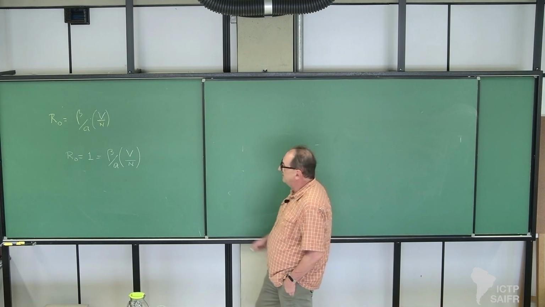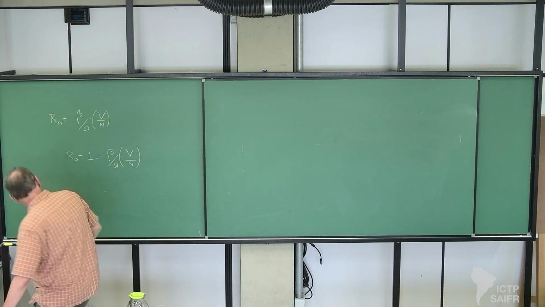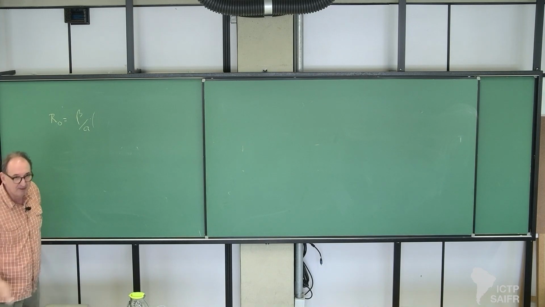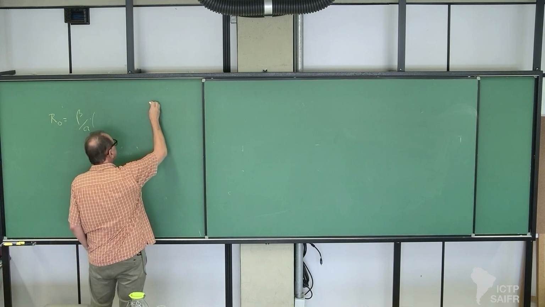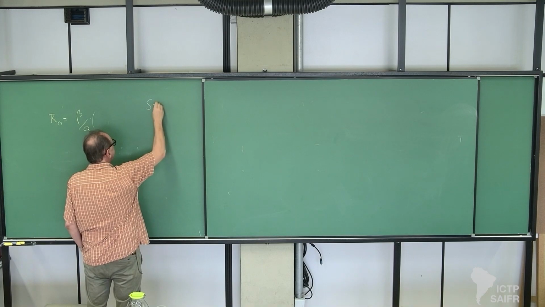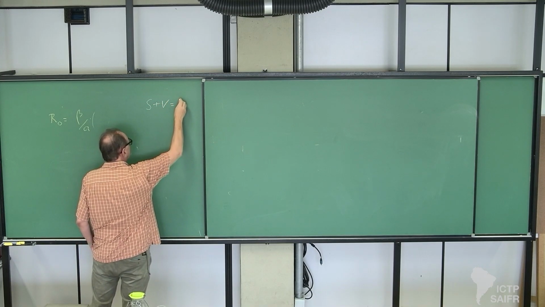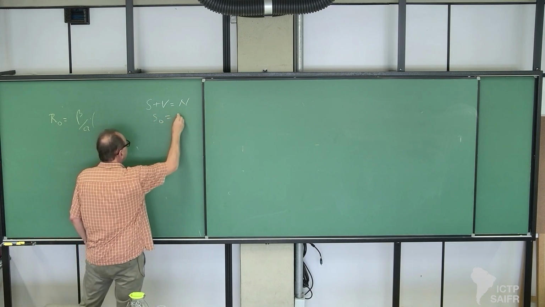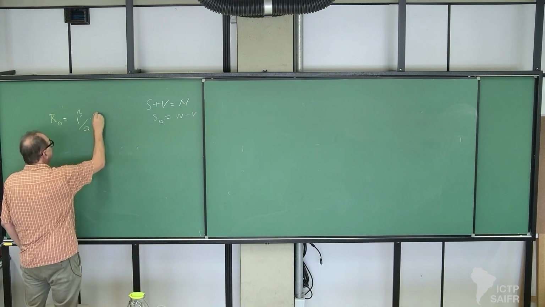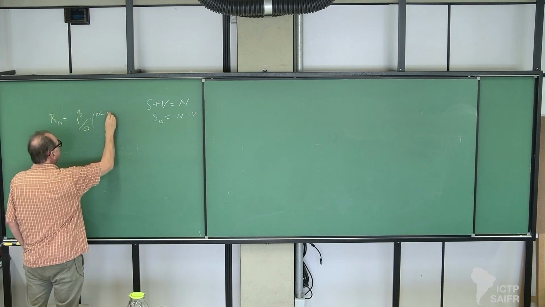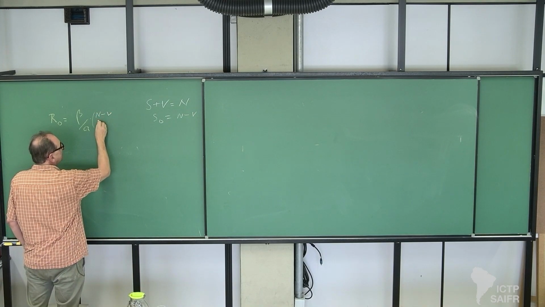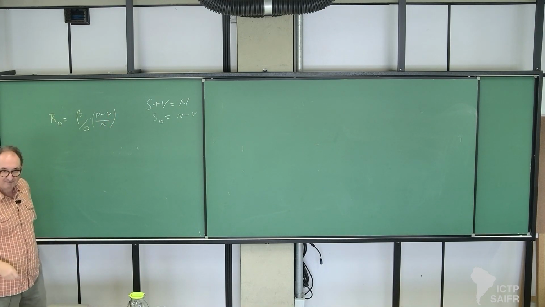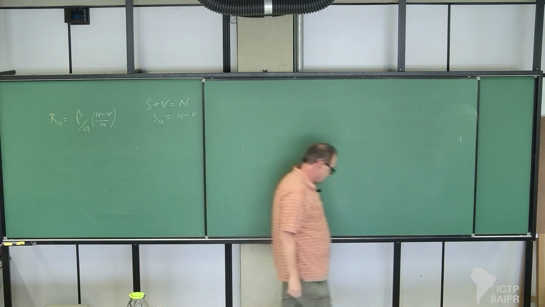Sorry, I made a mistake. The initial population is S plus V equal to N, so the number of initially susceptible people is N minus V.